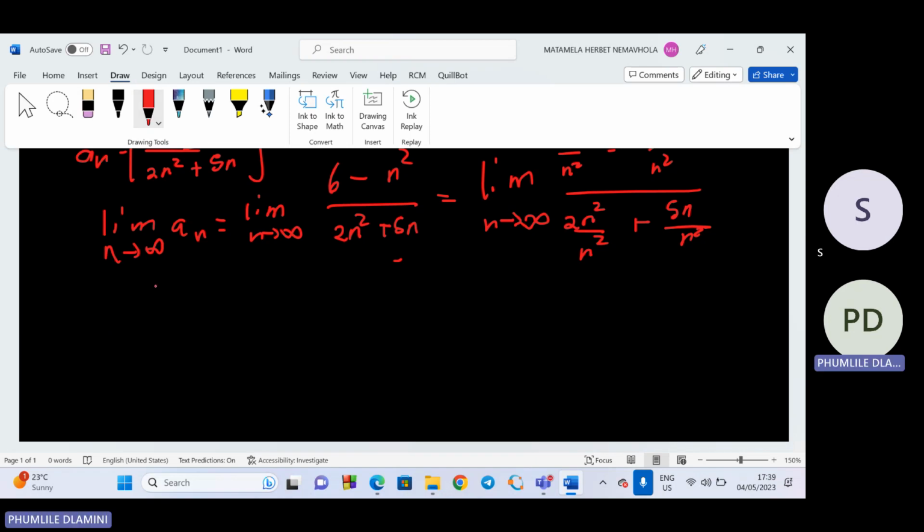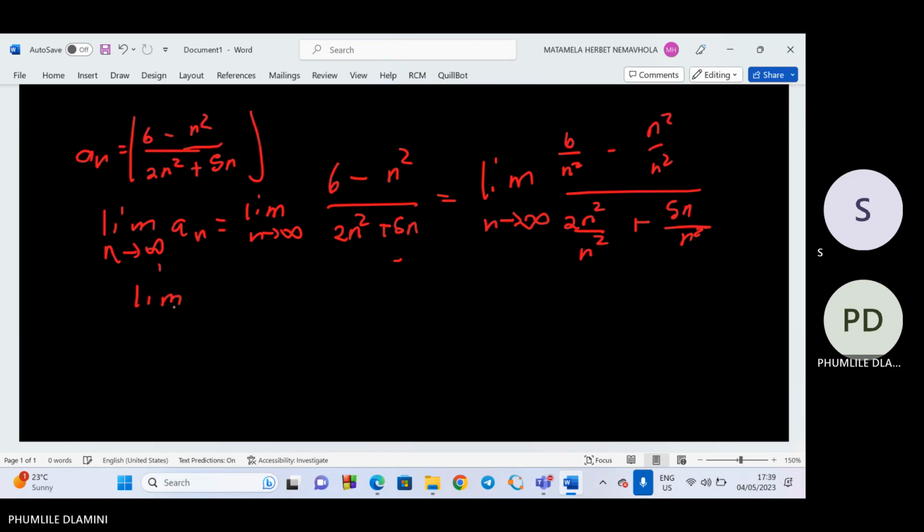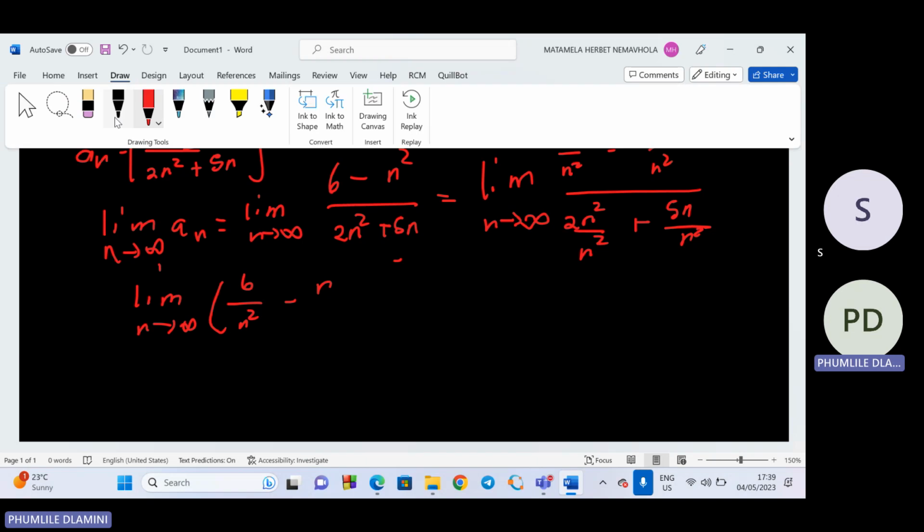You can say the limit when n approaches infinity of 6 over n squared minus n squared over n squared, which gives us 1.